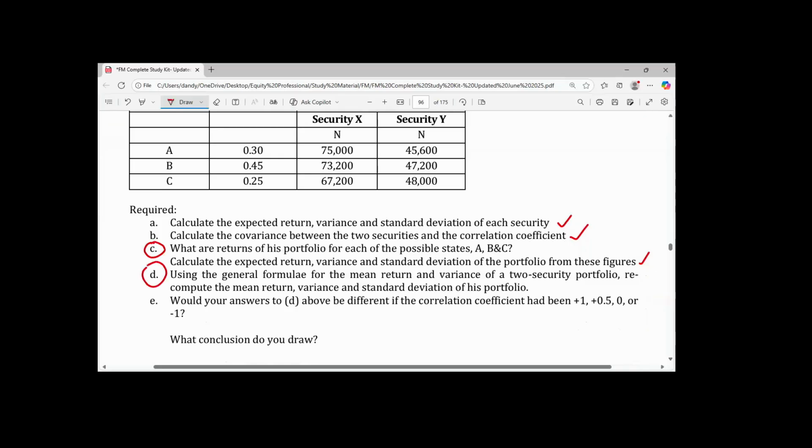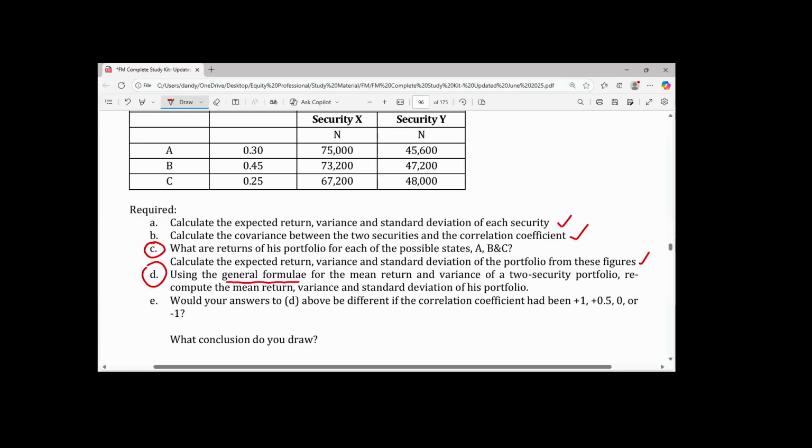So requirements C and D are the same thing. The examiner wants you to determine the return of the portfolio as well as the risk of the portfolio. In D, the examiner was specific that you should use the general formulae.